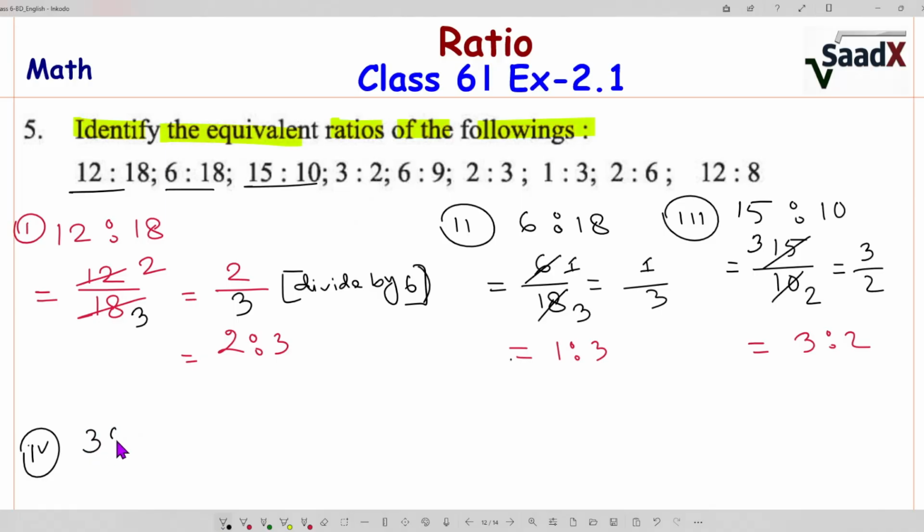Next, number 4. So 3 is to 2 will be unchanged because we cannot simplify it. Number 5, here is 6 is to 9. We can write 6 by 9, and divide by 3, so 6 by 3 is 2 and 9 by 3 is 3, so 2 by 3.